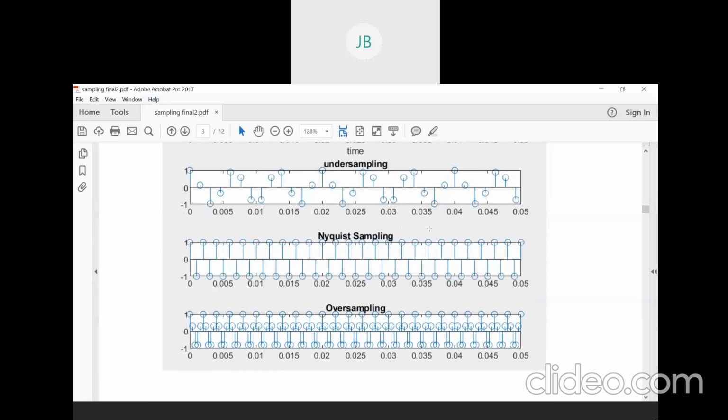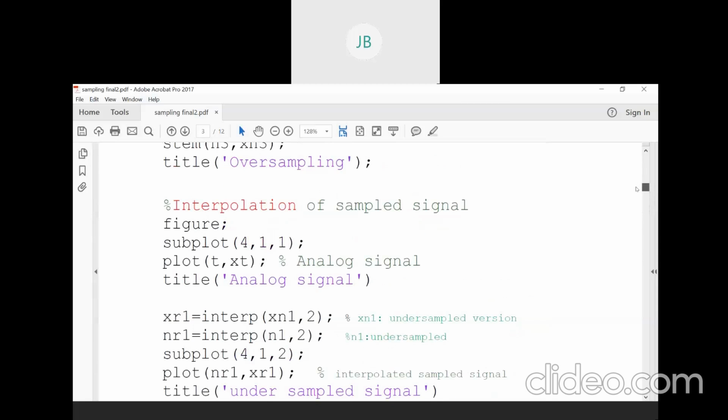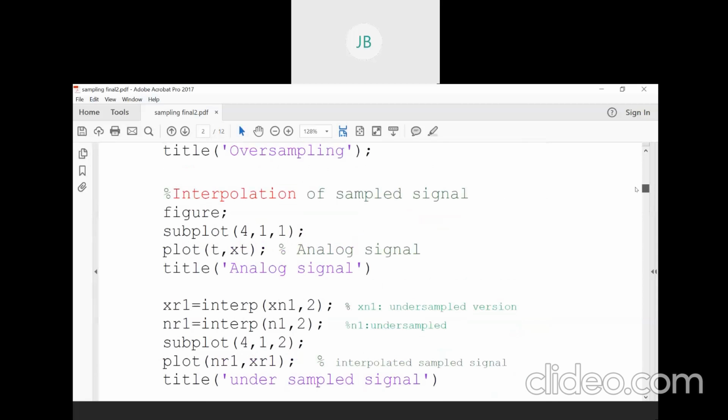Now we need to reconstruct it, because that's the objective of sampling. When we sample it, we should be in a position to reconstruct it. How can we do that? We will see the remaining part of the code. As I mentioned earlier, we will be using interpolation to reconstruct the signal. So that part is here, interpolation of the sampled signal.